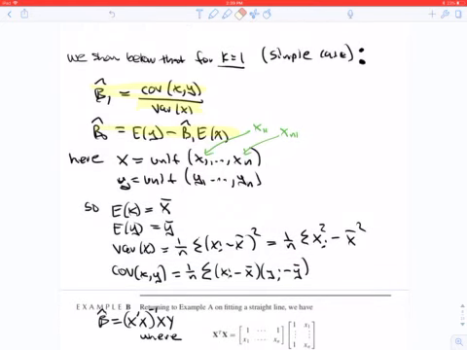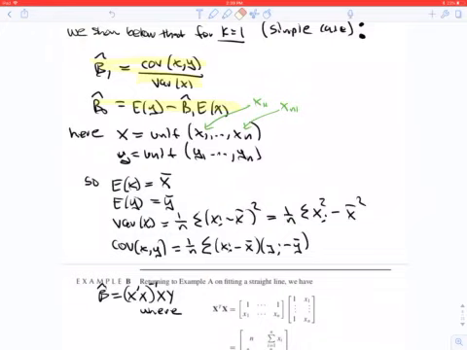To talk about this easily, imagine that x is a uniform random variable on x1 to xn, and y is a uniform random variable on y1 to yn. So all these points are equally likely.